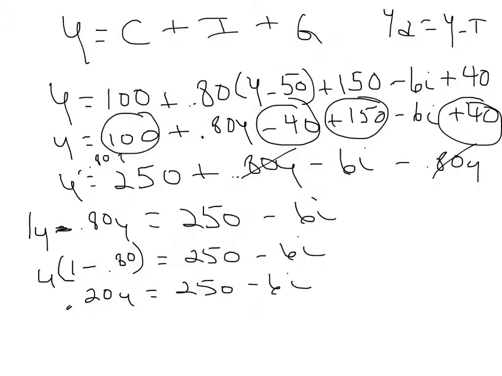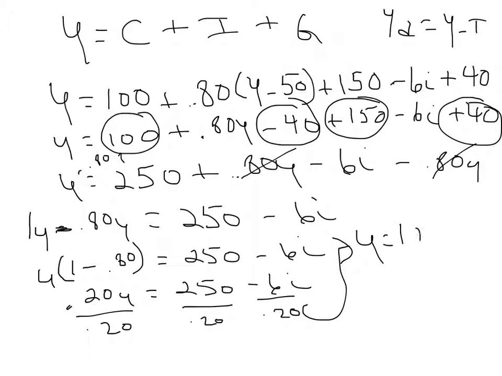Now I'm going to divide both sides by 0.20. Now I'm left with Y equals 250 divided by 0.20, which is 1250, and 6 divided by 0.20 is minus 30I.